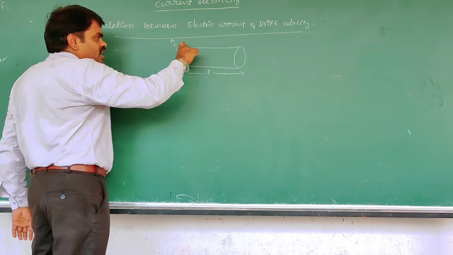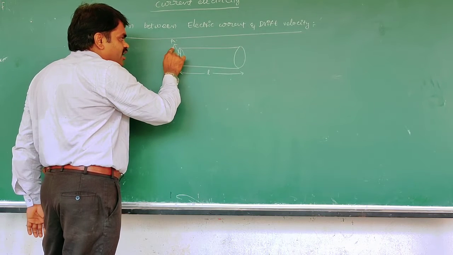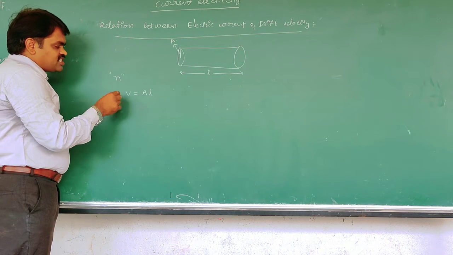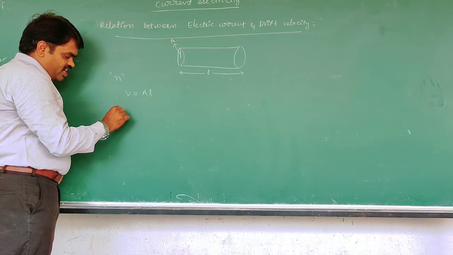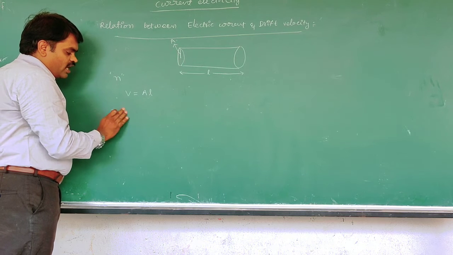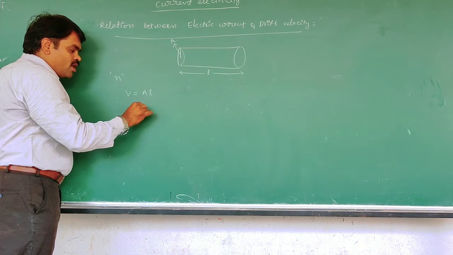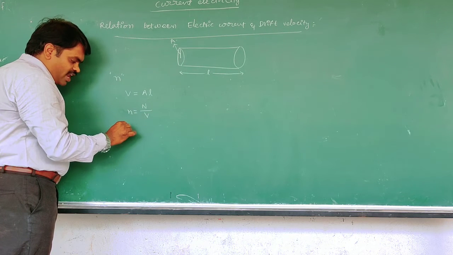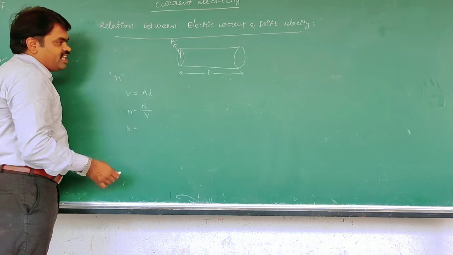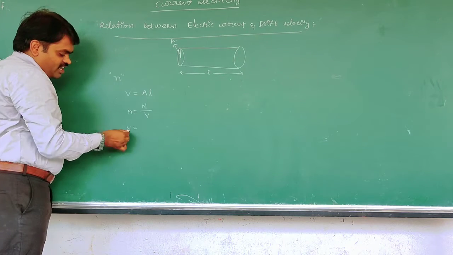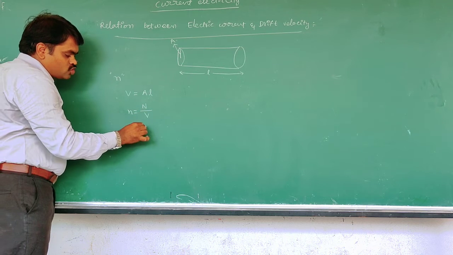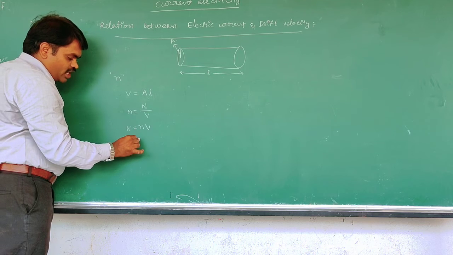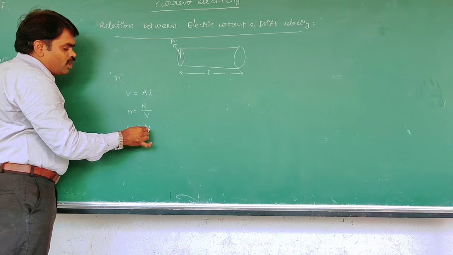Then the number of free electrons contained in the conductor, N, is equal to number of electrons per volume times volume, N is equal to small n into V.